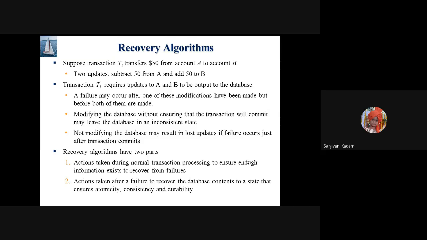So A's value is modified, that is $50 has been made, but B's value 150 is yet to be modified. Then in between, there is a failure. We know that transactions are atomic in nature, but when it comes to modifying the database, how will we know that out of two modifications, only a single modification is done?